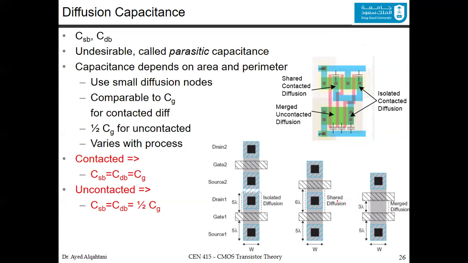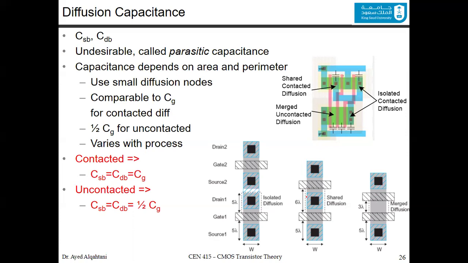Now, what if we have a shared diffusion and also contacted? In that case, we have a contact between those two. They are shared. We have a single diffusion, but it is contacted. It is connected to some other metal wire. And because of this connection, we need to have a contact.